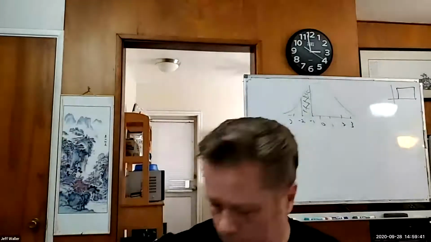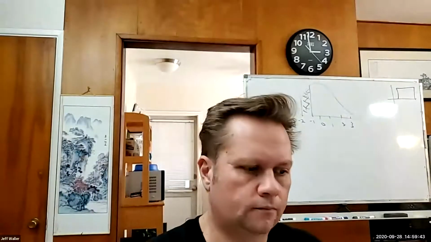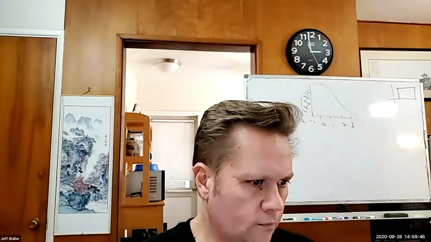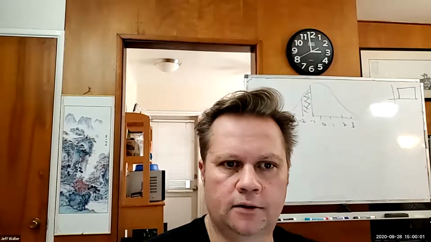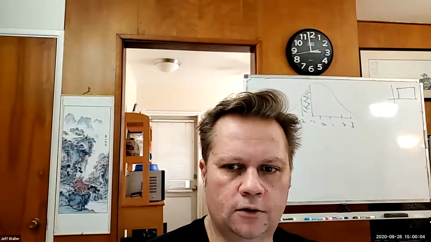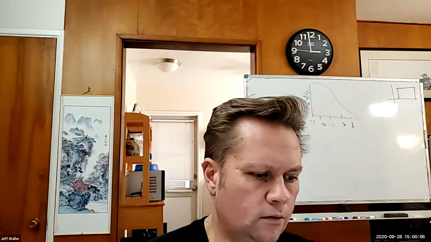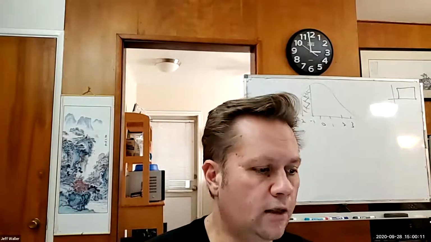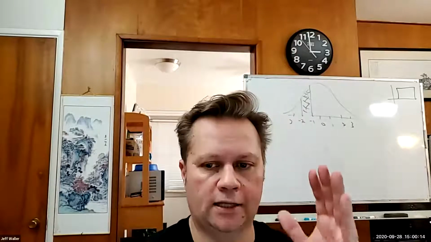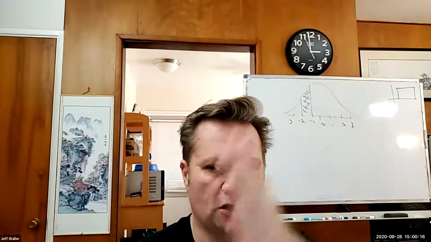Yes? For D on the practice, it was 0 because there is nothing after 12. If the answer is the area and there's no height after 12, then there's no way it can have an area, so that's got to be 0. And 0 minutes is also 0 because in this problem, the way it's set up, I take exactly 1 minute up to 12 minutes uniformly.